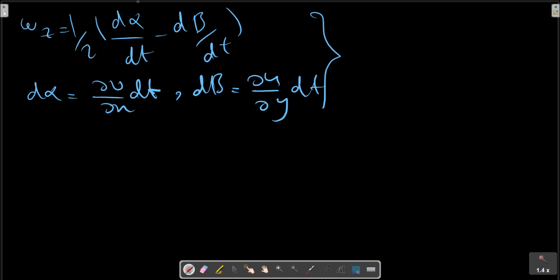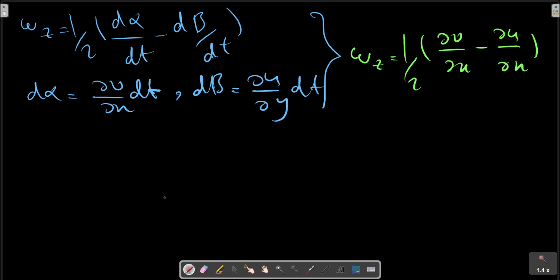With replacing into the angular velocity we can obtain a relation for the angular velocity around the z direction, and in exactly similar fashion we can obtain the x and y directions. So we have these three relations.